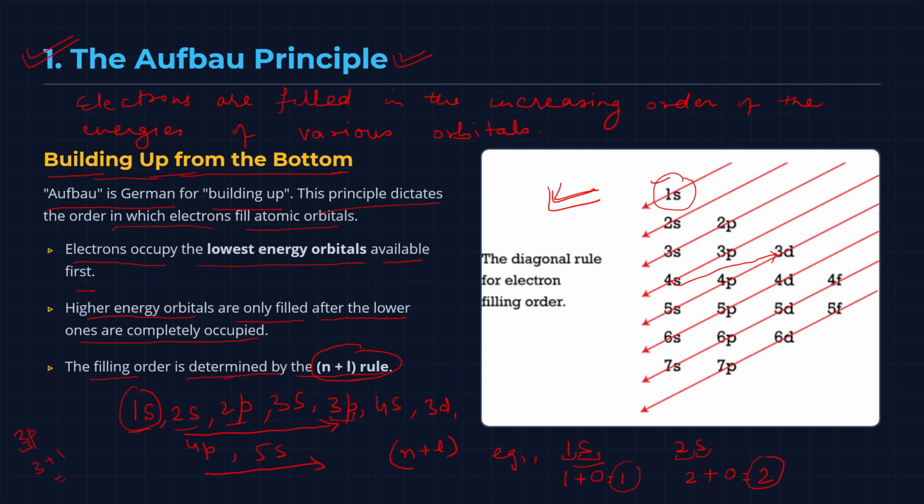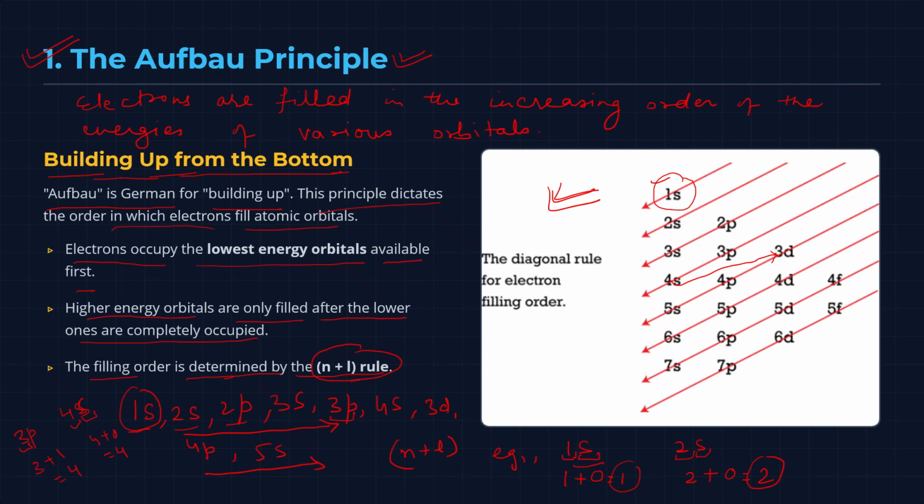Here if we calculate it, it comes to be 4. But in case of 4s, you can see that the value of n is equal to 4 plus value of l is equal to 0. It again comes to be 4. So here in both cases, n plus l value comes to be the same.